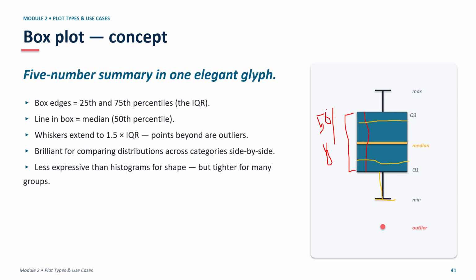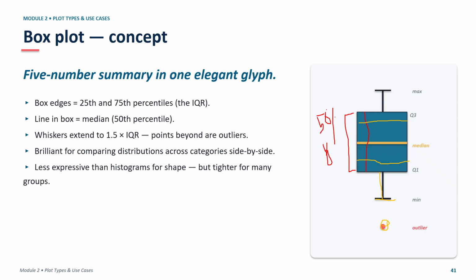The data points beyond these whiskers can be shown as individual dots, and can be classified as outliers. So if there is a data point in your data set which falls outside the minimum value and the maximum value, then all those data points can be considered outliers.